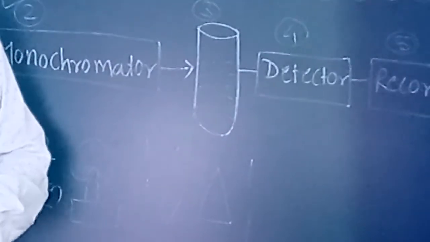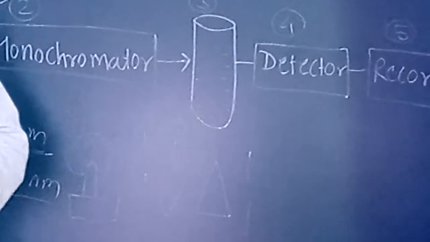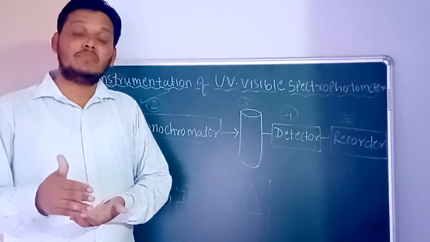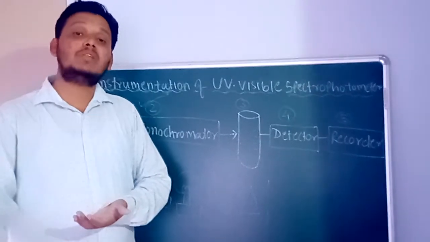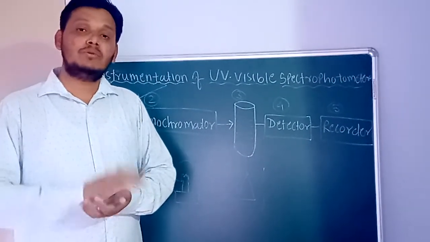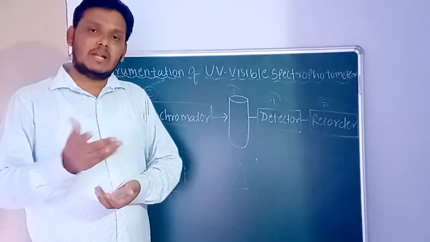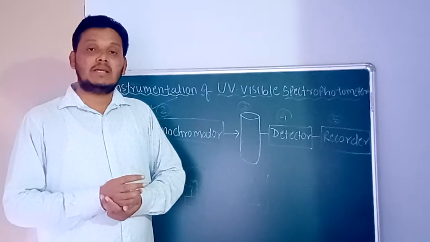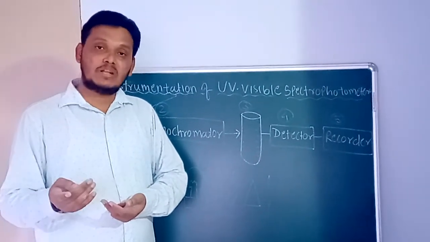Then the fourth one is the detector. What is the detector? A detector is a device which can convert radiant energy into electrical energy. In UV visible spectroscopy, different types of detectors are used: the photovoltaic cell, phototube, and photomultiplier tube.